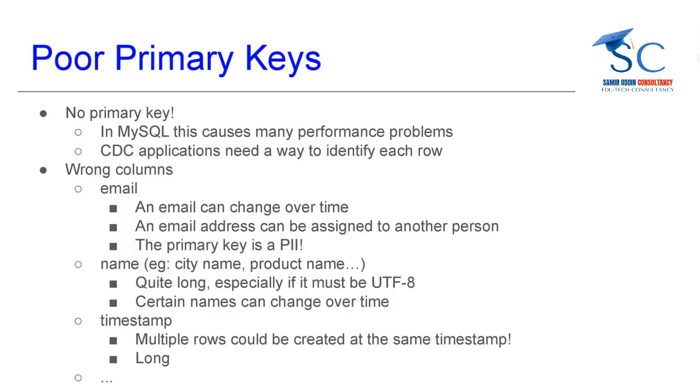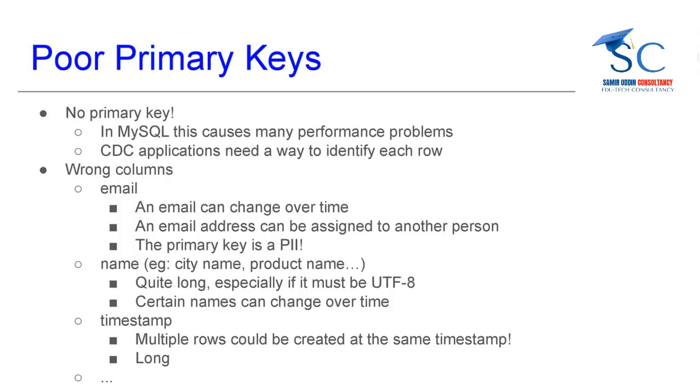Also, if you have some CDC applications that maybe read from your logs, well, they will need basically two things. A timestamp which says when the row was created or last modified, and a primary key which is used to identify the row that has been created or modified.